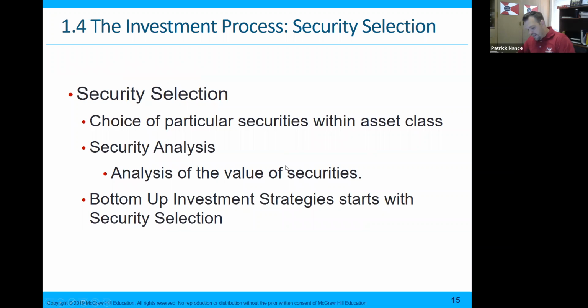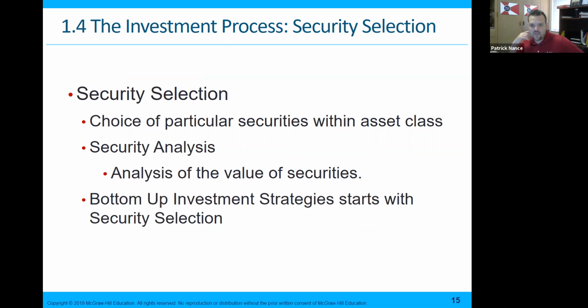Okay. Next, we go to security selection. So the decision security selection is the choice of which particular securities to hold within each asset class. So now we've got our classes. We know what percentage of equity we want versus bonds versus bills, but which ones do we want? Okay, specifically what equity, specifically what bond, from what company, what grade.